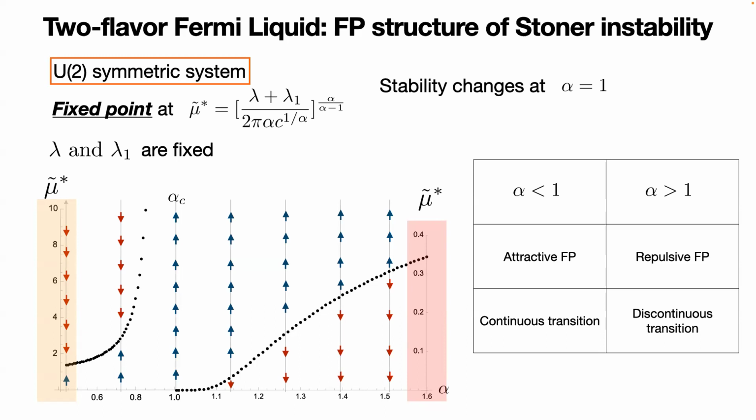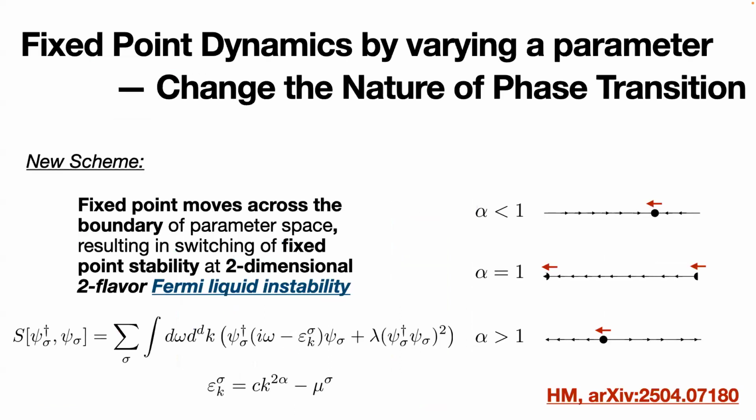Okay. So this is the new scheme, the third scheme I talked about in the introduction. We only have one fixed point, and that fixed point can change its stability by tuning this exponent in the dispersion.